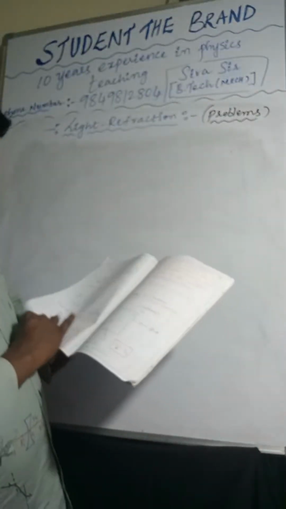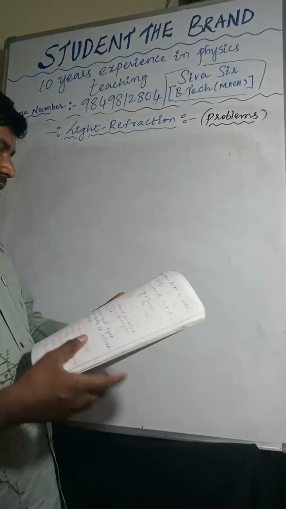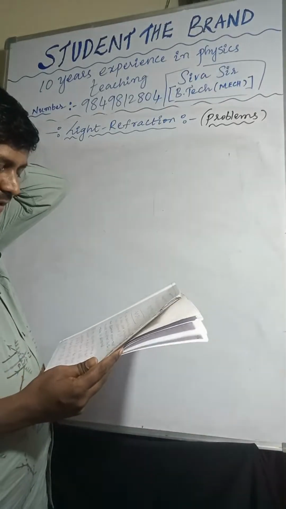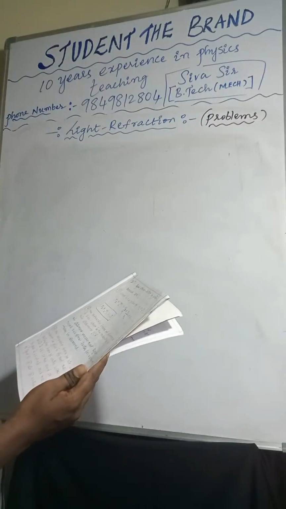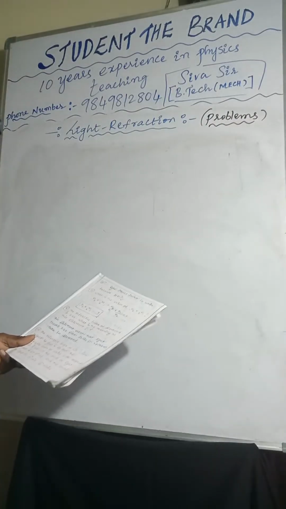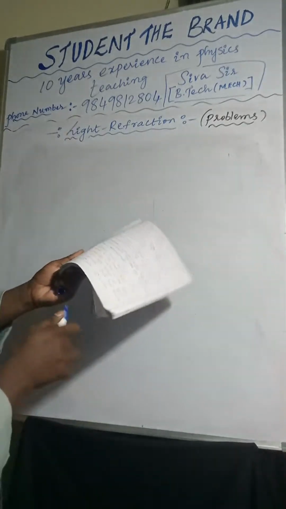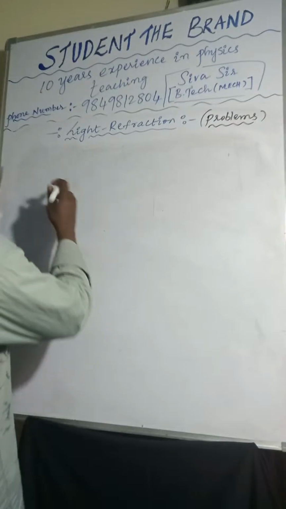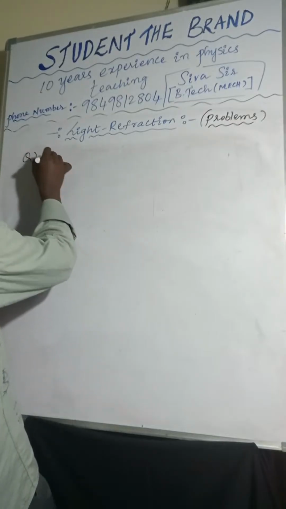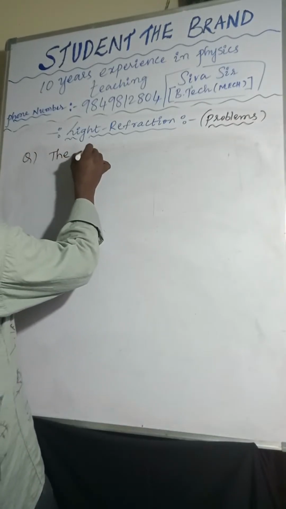Very important question. I will give the refractive index of air with respect to glass. The refractive index of air with respect to glass is given. So try this question, everyone.